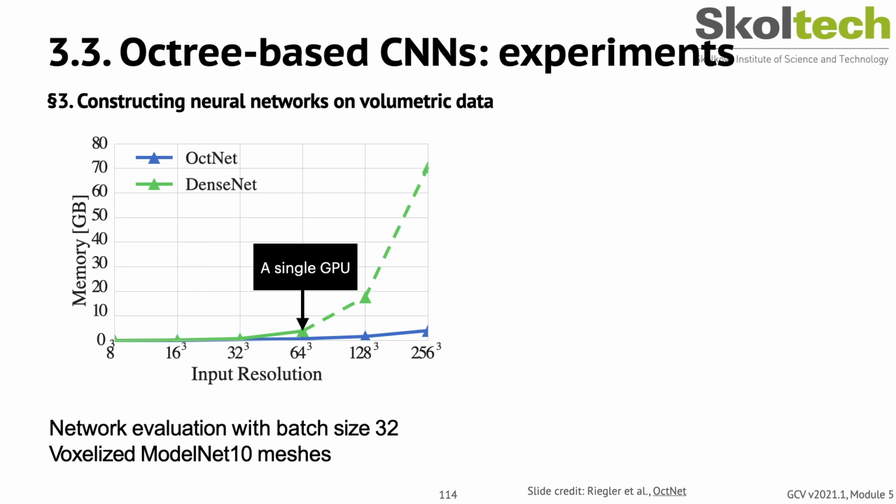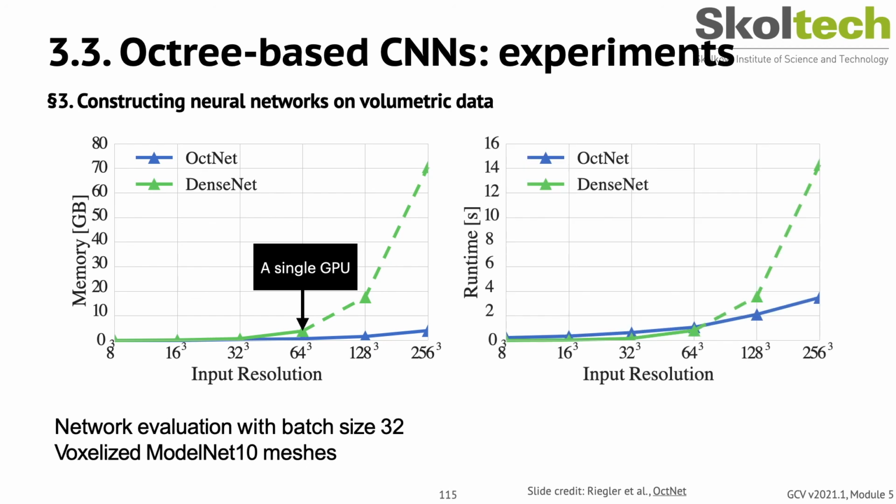For example, the dense network only fits in a single GPU if we limit the input resolution down to 64 cubed. However, the octree network can easily be fit on a single GPU with 4 times the same spatial resolution. Also, the runtime scales favorably for the octree networks.